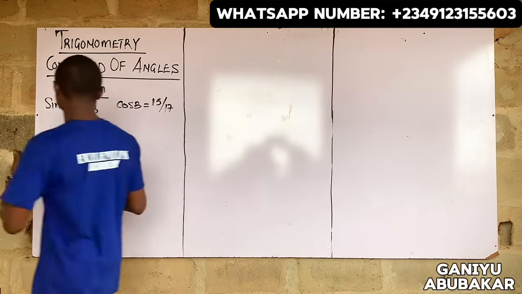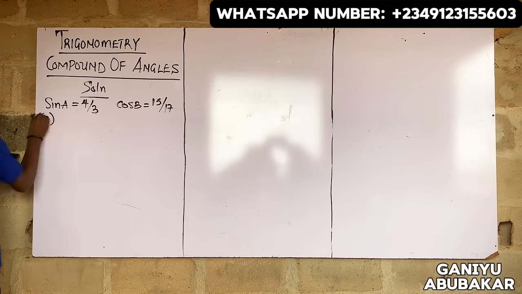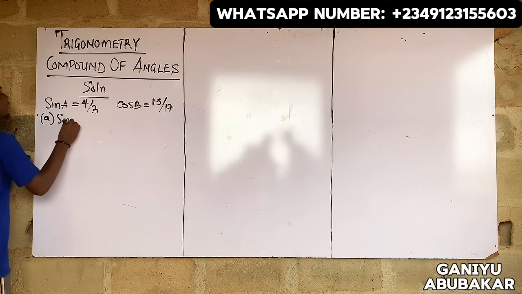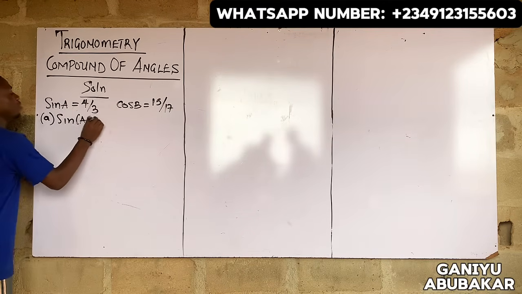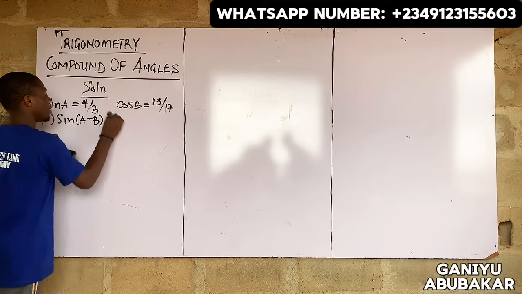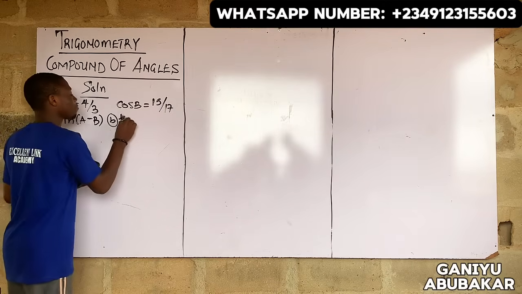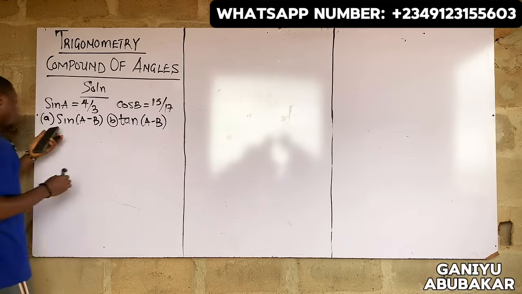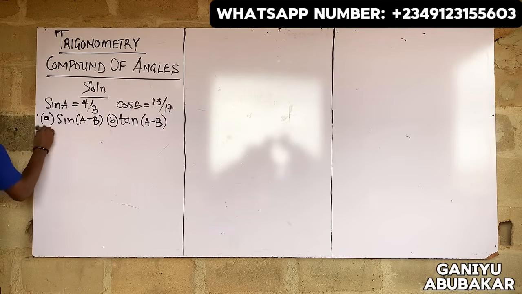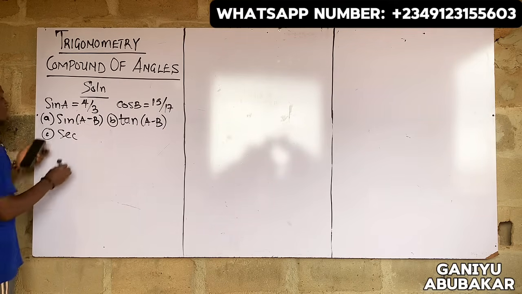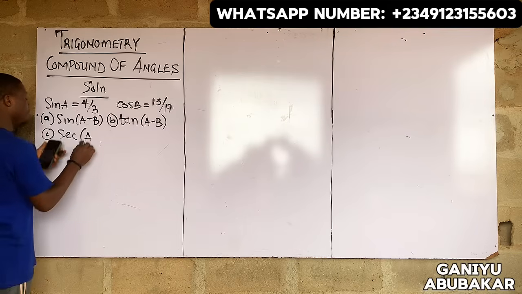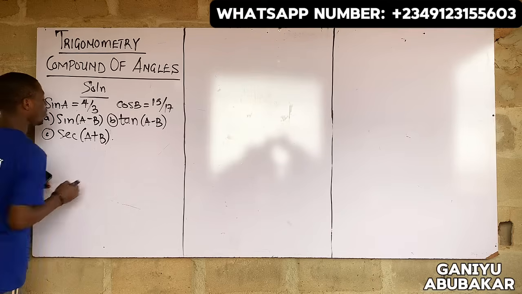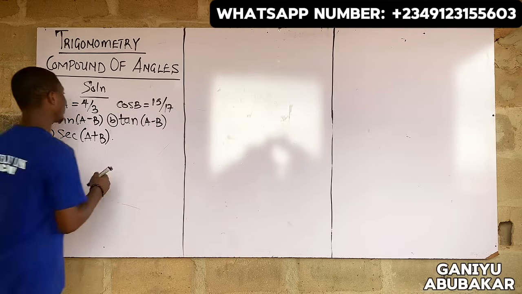Question A is sine A minus B. Question B is tan A minus B. Question C is sec A plus B.